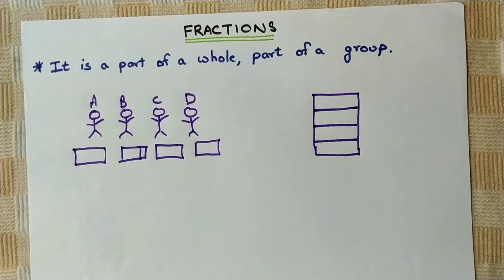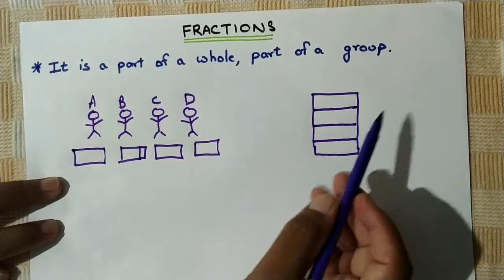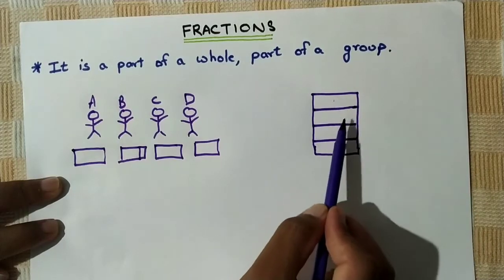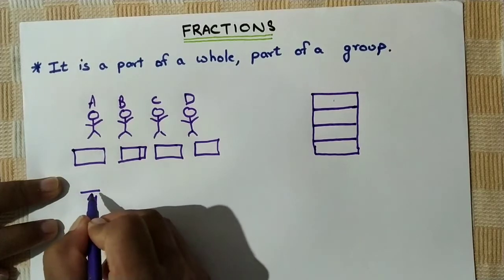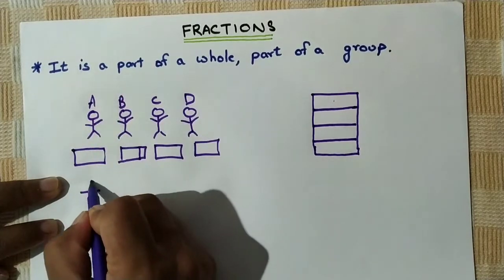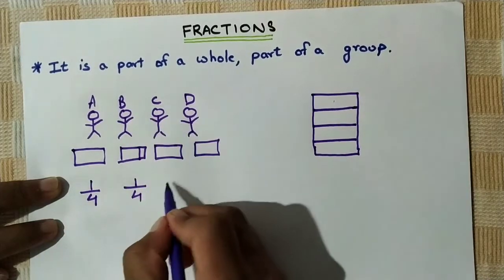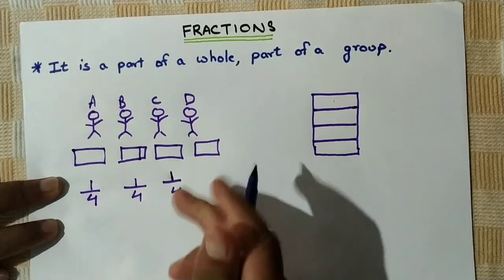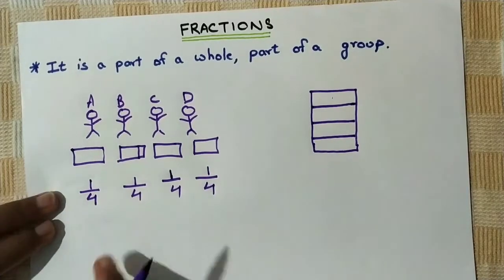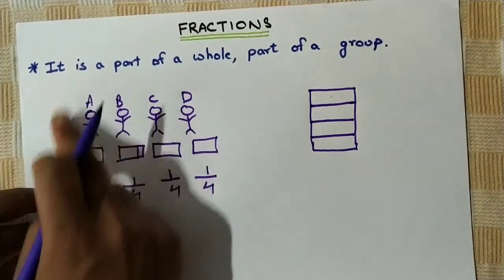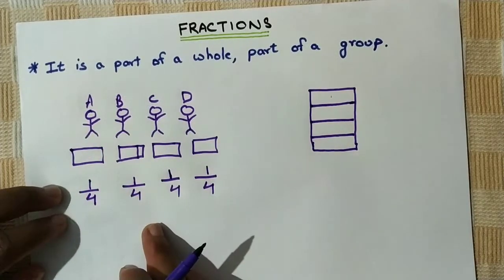So how can we write fractions? For example, how many parts were there? 1, 2, 3, 4. Among the four parts, one part has gone to A. Among the four parts, another part has gone to B. Among the four, another part has gone to C, and another one to D. So each one of the people got 1/4 of the chocolate bar.